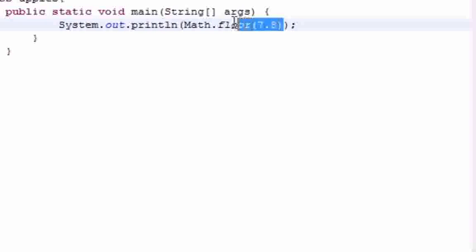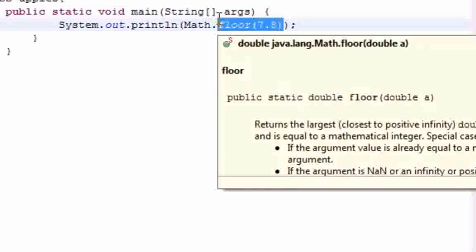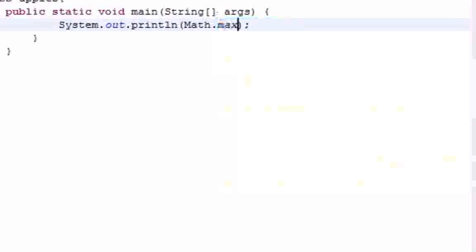Now that we learned absolute value, ceil, and floor, let me teach you about something else called max. Now this is the first one where in the last 3 we learned how to make a method that takes only one parameter, but max is the first one that takes multiple parameters in a single method.